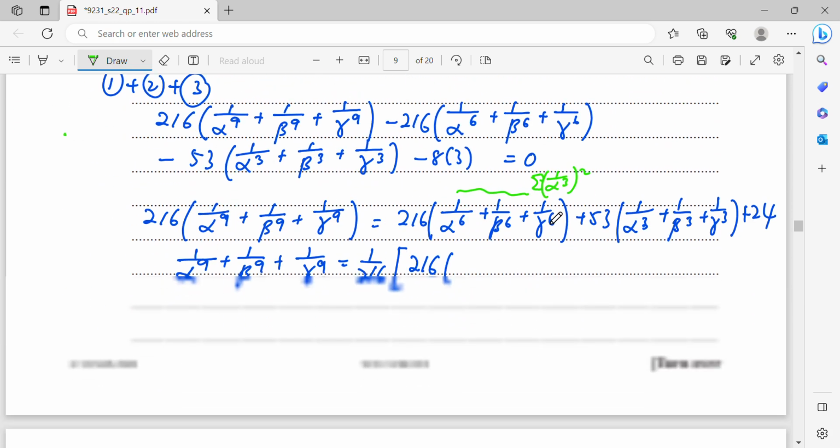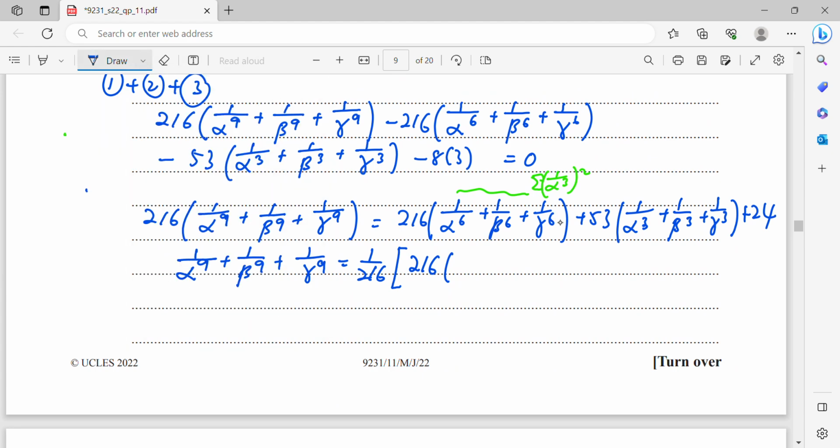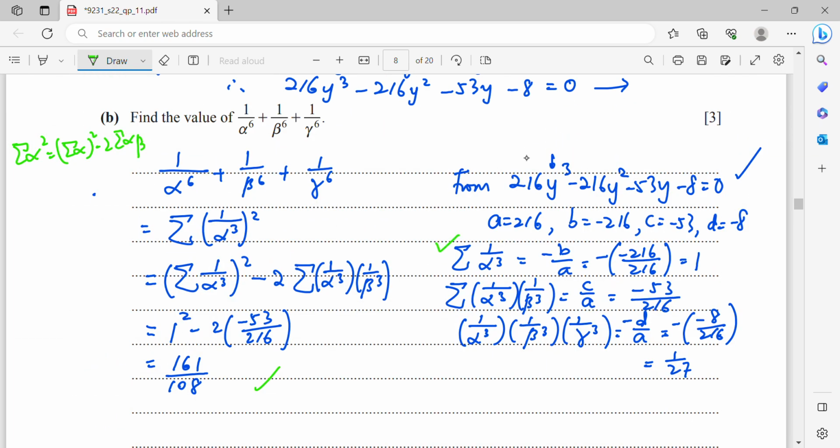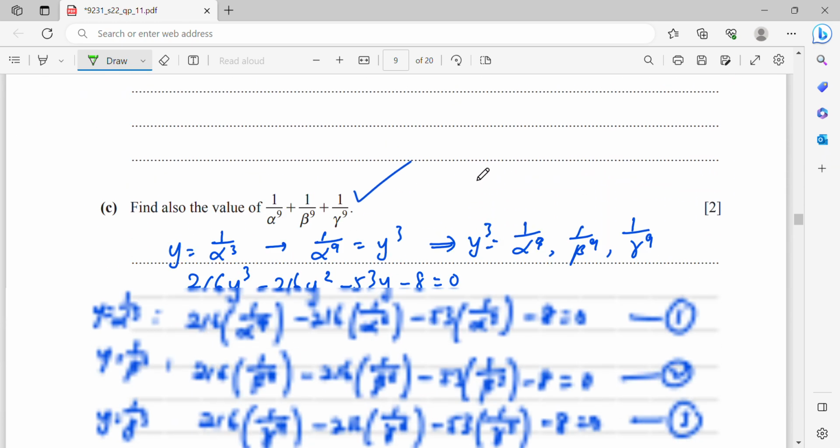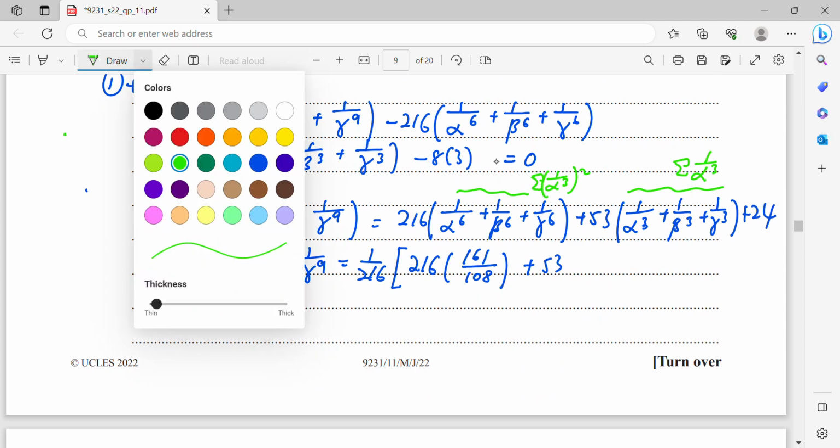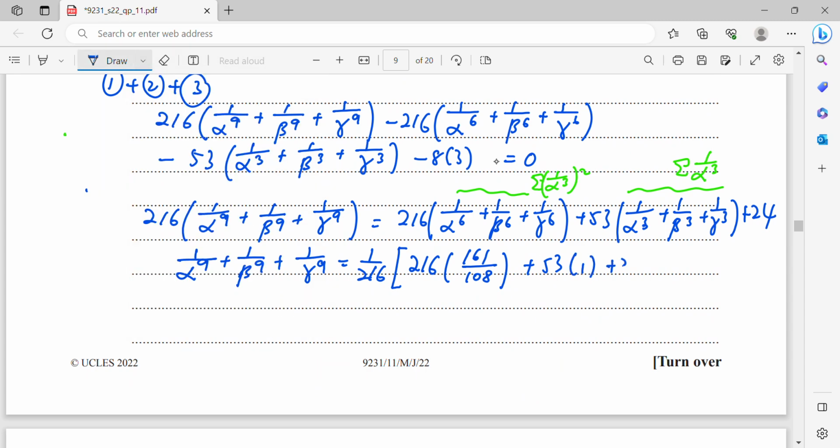So 161 over 108 plus 53 times the next one, the summation of 1 over alpha cube, which again from part B is 1. So here multiply by 1, then plus 24. When you simplify all of this, you will get 133 over 72. So that's the solution for this question.